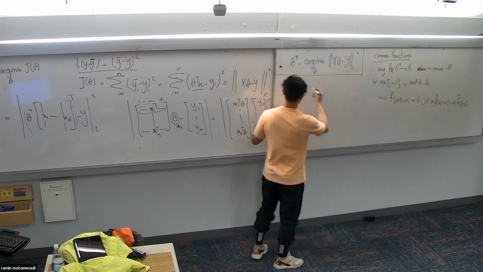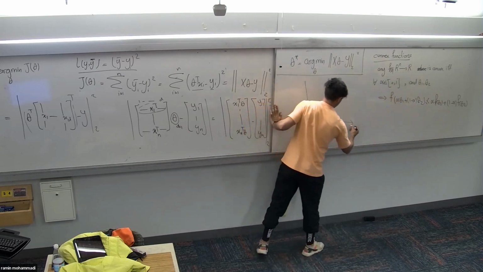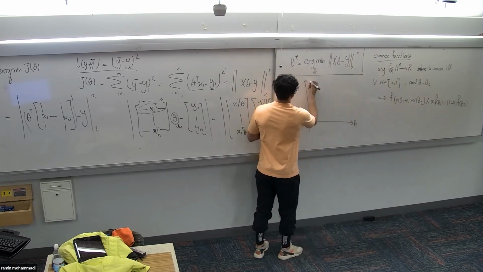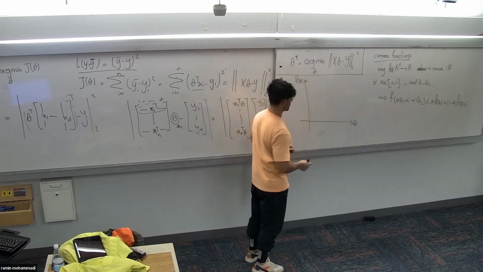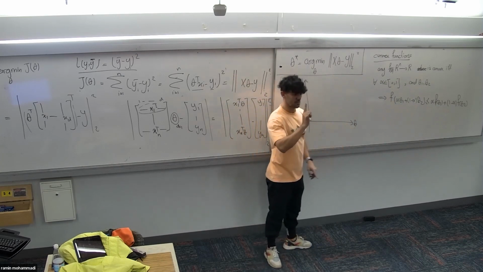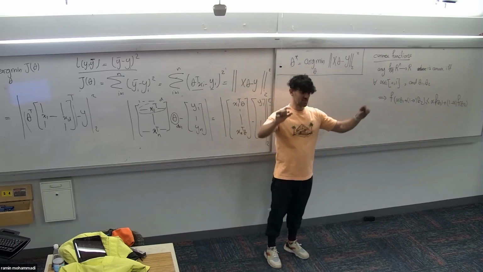That didn't simplify it, but let's look at it. Let's assume we have a function f of theta, or J of theta, and let's assume it gets one theta as input, not a vector.